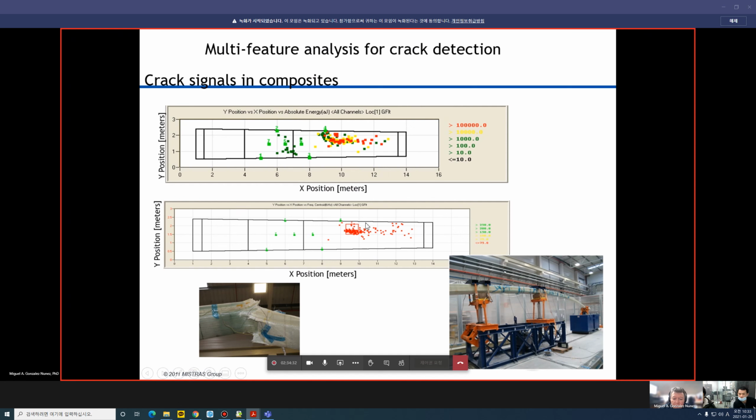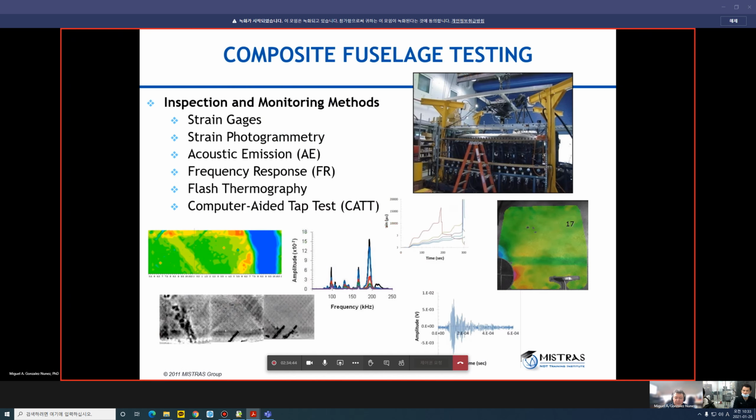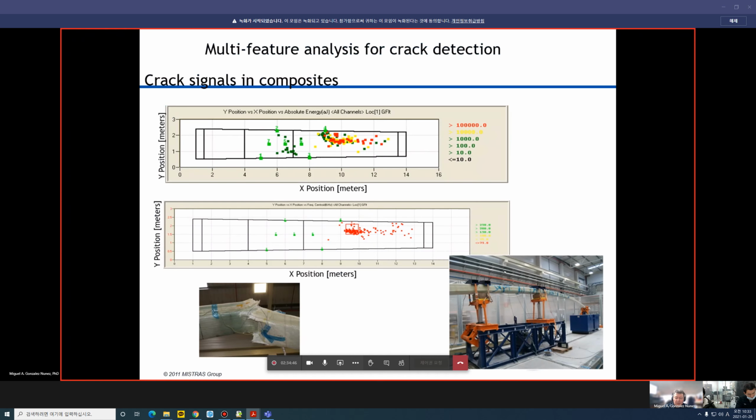So this example corresponds to the signals detected in this particular area, and they are related to this type of damage. Comments, questions up to here?